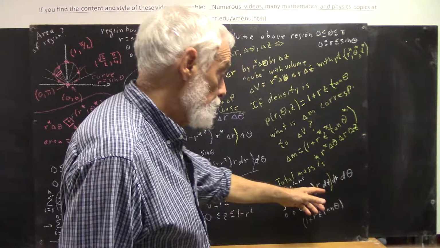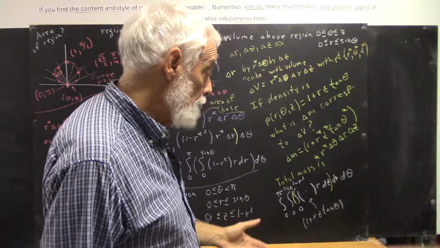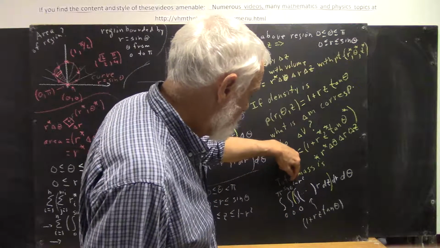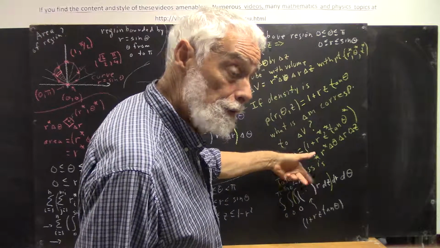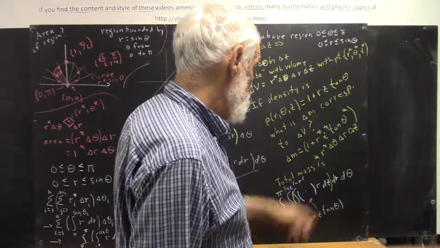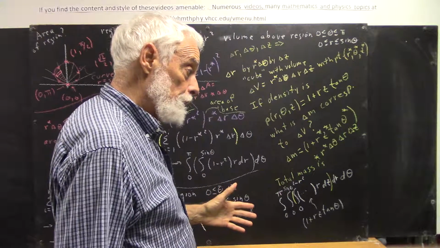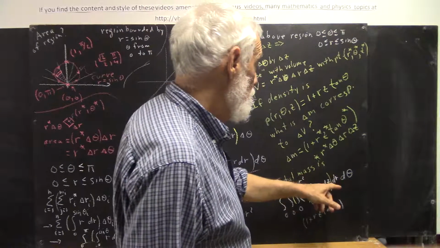Now the next integral is not going to have any z's in it, but it's going to have r's. It's going to have r from this, and it's going to have r's from substituting 1 minus r squared for our z's. And then we integrate with respect to r. Okay, we don't have any z's left, but we have r's.